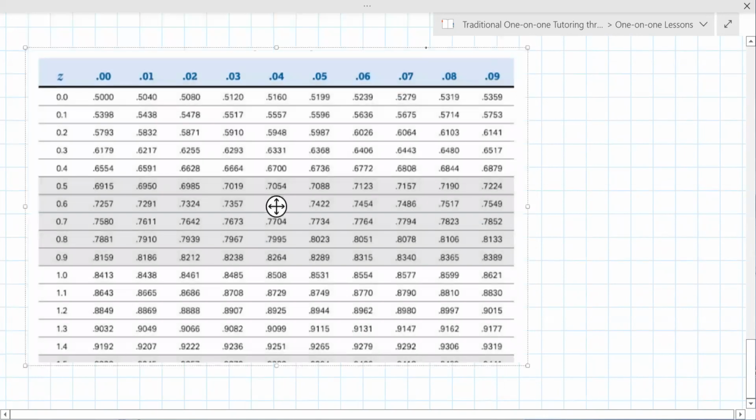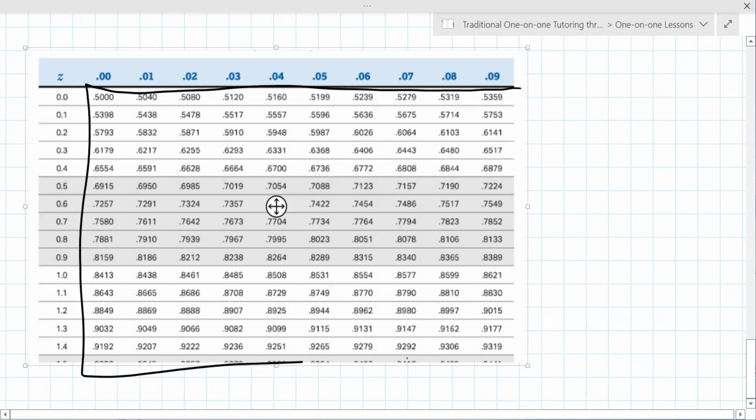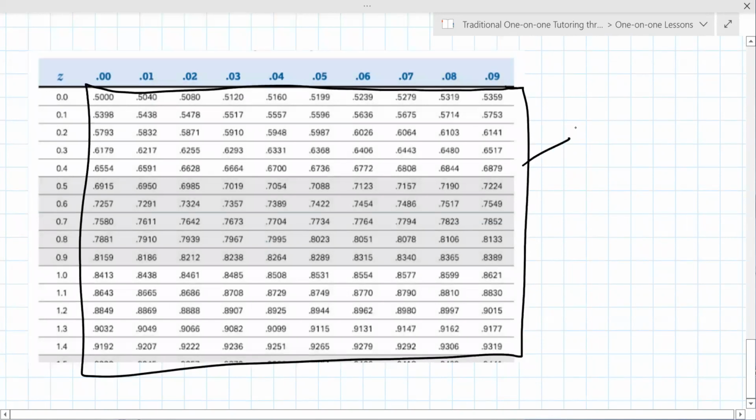The things that I'm boxing in are areas, or you can think of them as percents. So you're looking for the closest to 0.85 in this table.